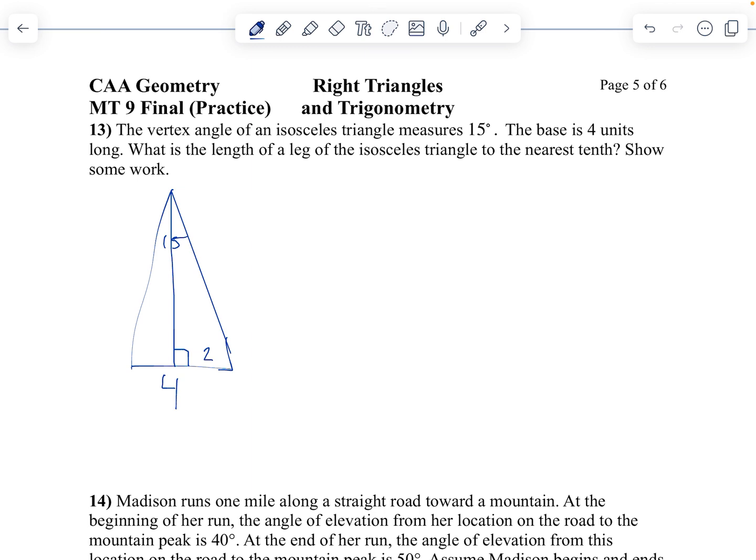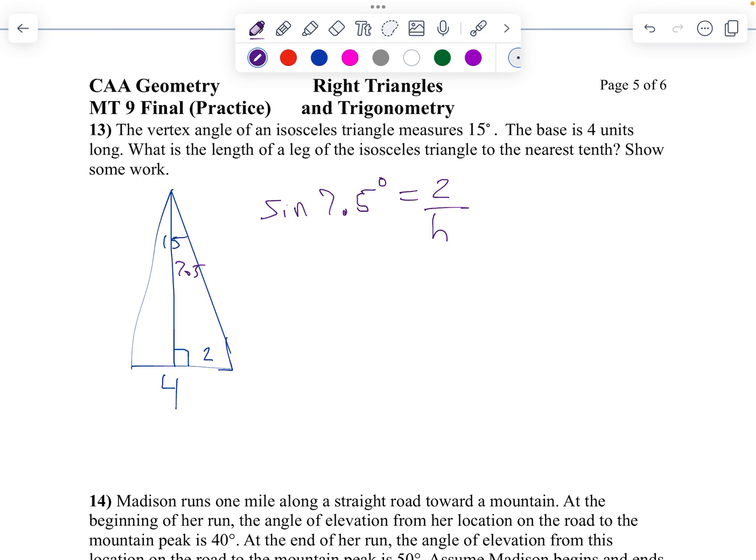And I'm cutting my angle in half, so I get 7.5 degrees. Opposite hypotenuse, so I'm going to use sine. I'm going to say the sine of 7.5 degrees is 2 over h, or h is 2 divided by the sine of 7.5.